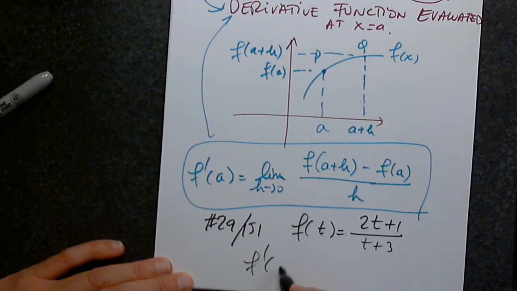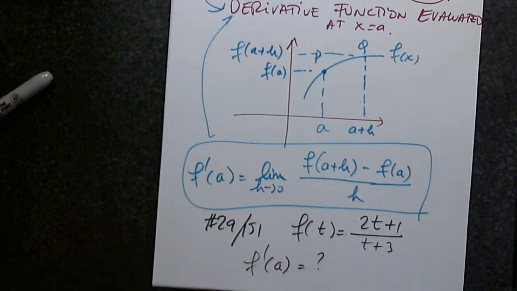And we're asked to find f prime of a. Yes, we can find f prime of t with the only definition we have. And then at the end, just plug in a, and we're done. But I recommend let's practice the other definition, not the one with h, but the one with x, because we have not seen any example with that.